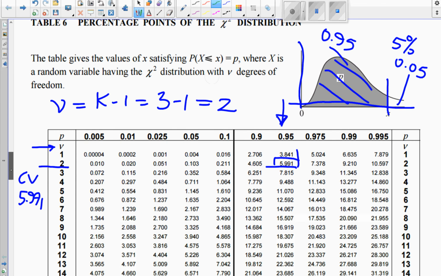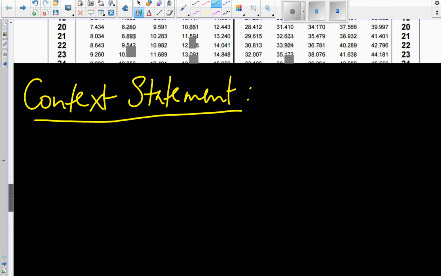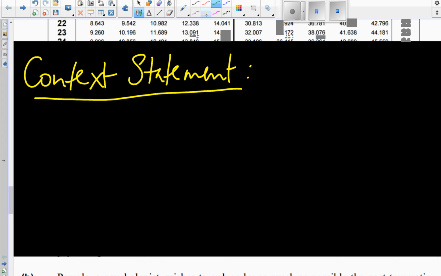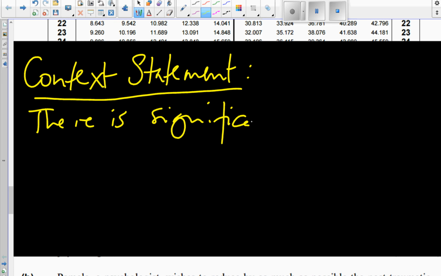We now need to complete our context statement. Now, in Kruskal-Wallis, our context statement is pretty structured, given the way it works. Firstly, as we know that we've rejected H0, we know that there is significant evidence that. So that's our standard bit that we're going to write for any case where H0 is rejected.